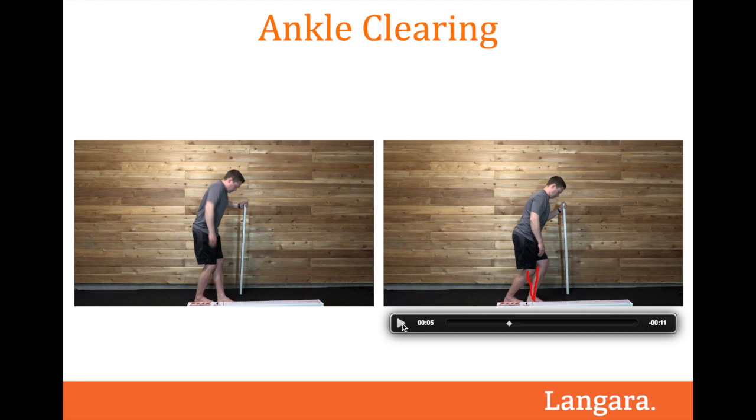So failure of the ankle clearing screen implies that the ankle mobility should be addressed and cleared. Now, if we get a red, the individual's knee does not reach the medial malleolus of the front leg while the heel stays down. This will indicate potential ankle mobility limitation, and failure of the clearing implies that we should address it with mobility work.